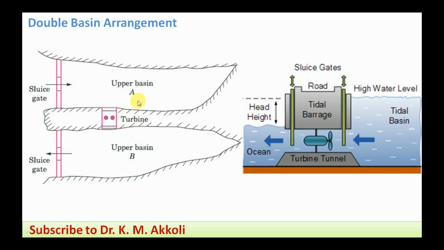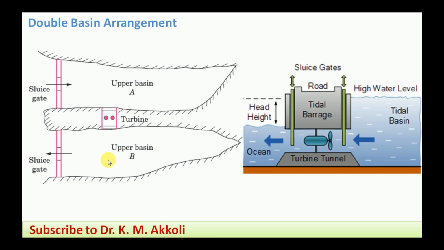The water will reach a sufficient head in the upper basin compared to the lower basin, and the sluice gate will remain closed here. Then the water is allowed to flow through the turbine and the power generation will be taking place. During the filling, even though water is entering the upper basin from the sluice gate, at the same time the power is generating while the water flows from the upper basin to the lower basin.